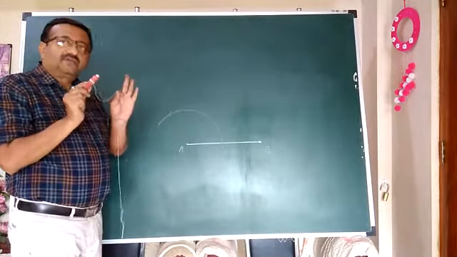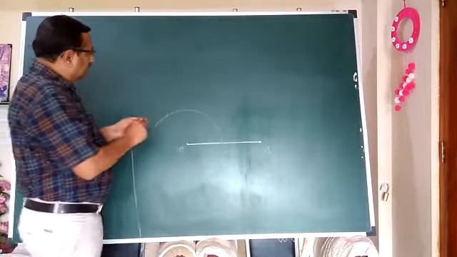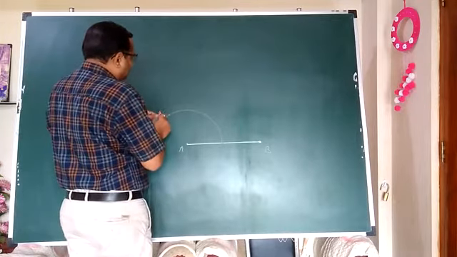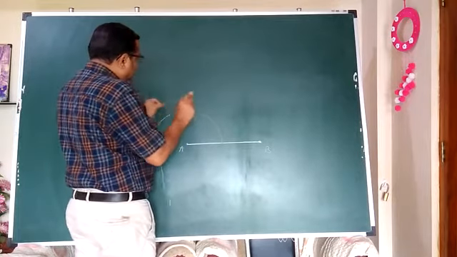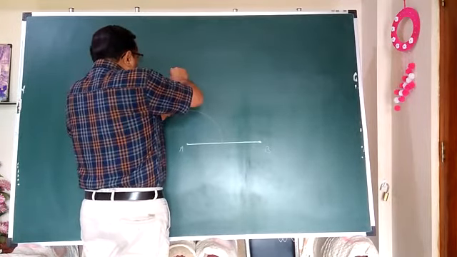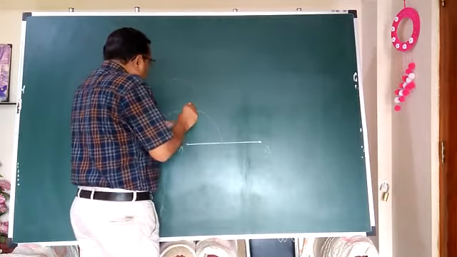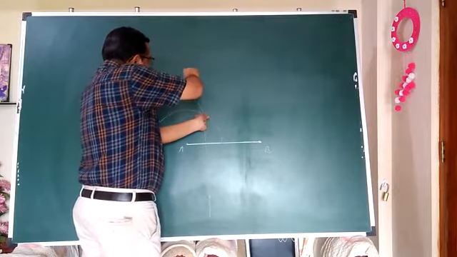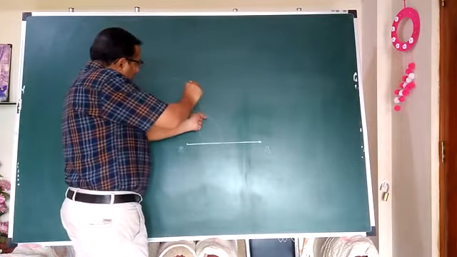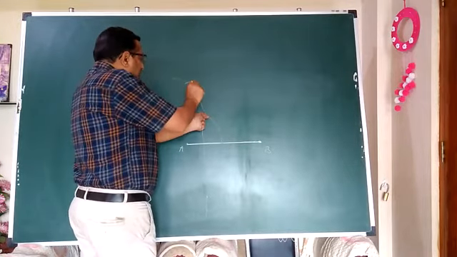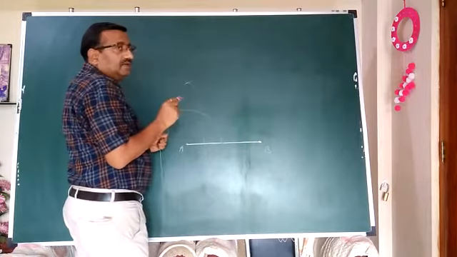Okay, now you are free to change the distance between both the legs. Now with any radius, but a constant radius, you have to take 2 consecutive arcs from these two. Okay, in this way. First of all, from this arc I have taken one arc. Another with the same radius, from this I have taken an intersecting arc.